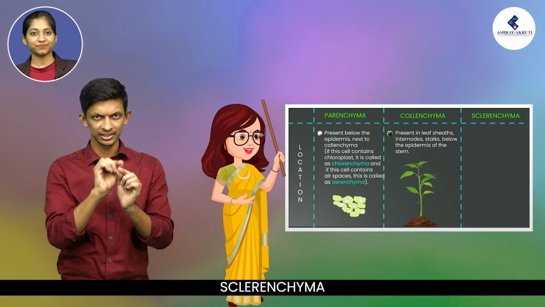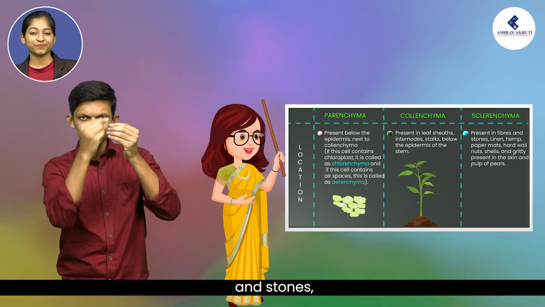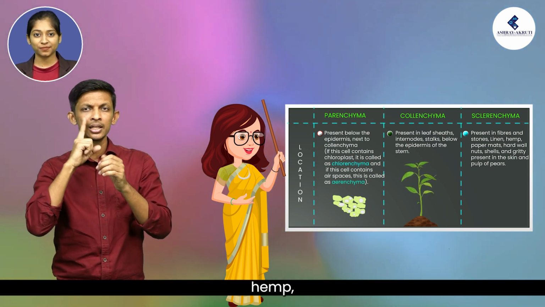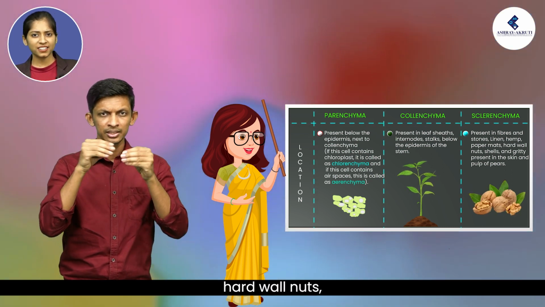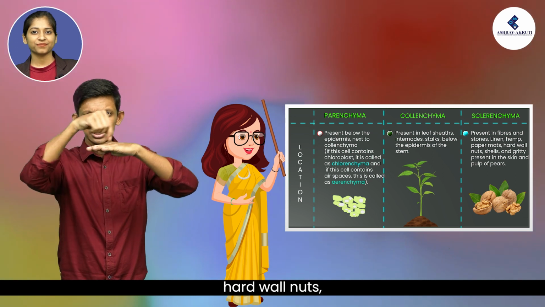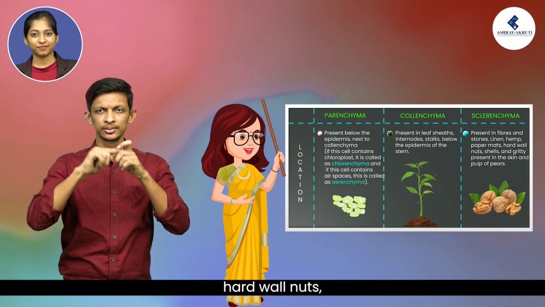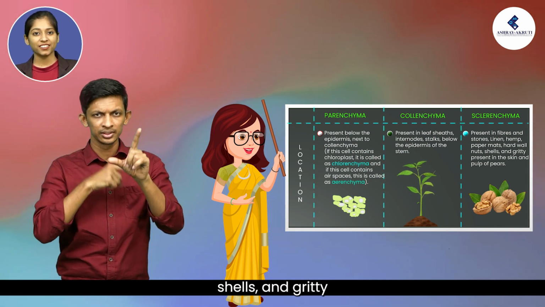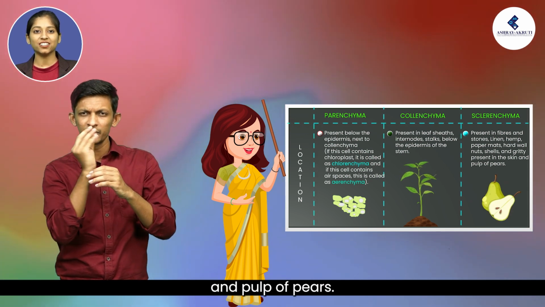Sclerenchyma is present in fibers and stones, linen, hemp, paper mats, hard walnut shells, and the gritty part in the skin and pulp of pears.